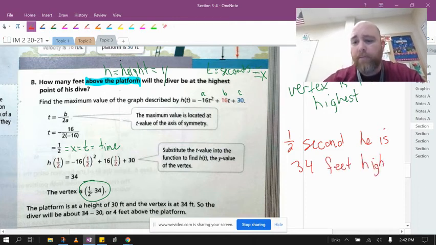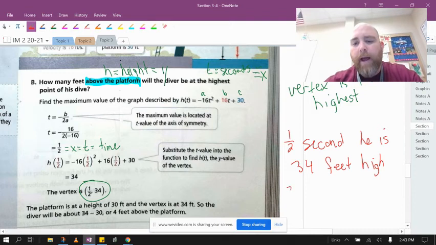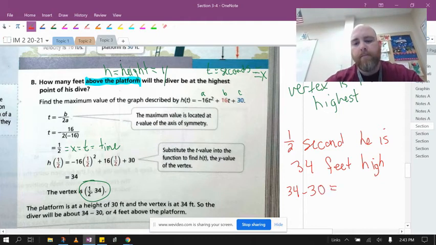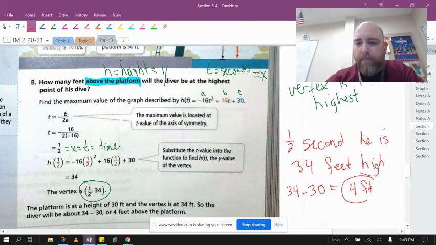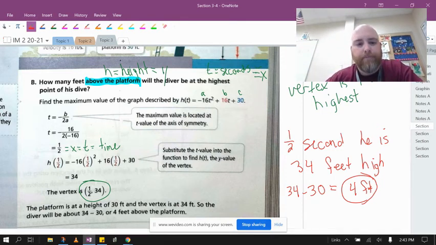And again, this is the highest point he's going to get. So 34 feet is really what we're looking for, the highest point of the dive. However, again, it says above the platform. Well, the platform is 30 feet up. So the difference between those two is just 4 feet. He jumped up 4 feet by the time that he started falling down or diving down into the pool.